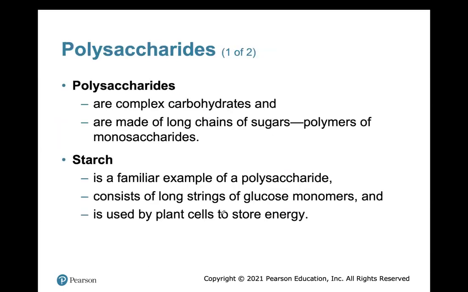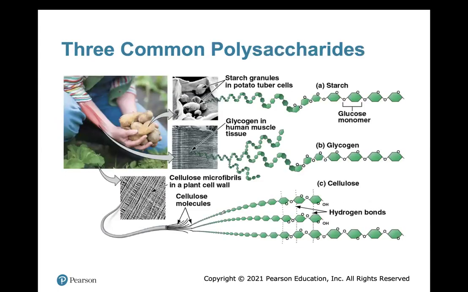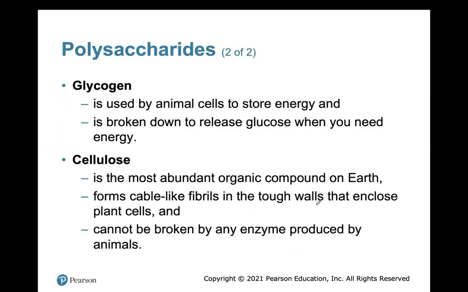Polysaccharides are complex carbohydrates and are made of long chains of sugars. These are polymers of monosaccharides. Starch is a familiar example of a polysaccharide, and it consists of long strings of glucose monomers and is used by plant cells to store energy. So here we have three common polysaccharides: starch, glycogen, and cellulose.